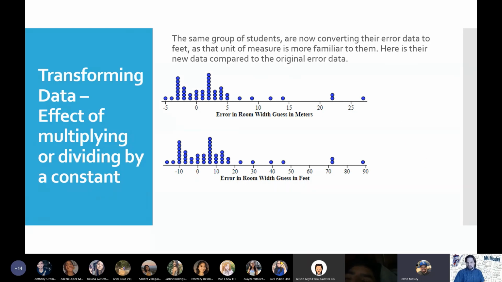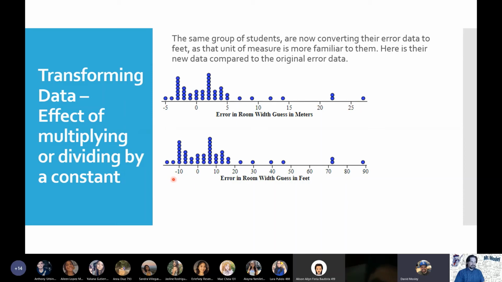All right, so Allison, that's a good guess, because it does look like the range is the same because the graphs look the same. However, you have to look at the numbers. Our graph on the top here, when we're looking at meters, goes from negative 5 to 27.